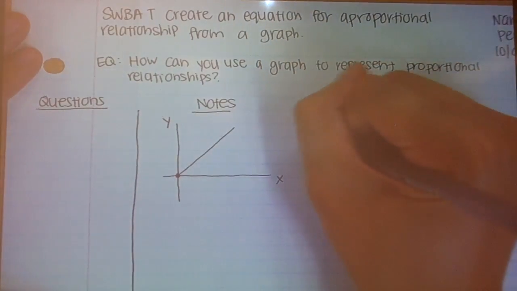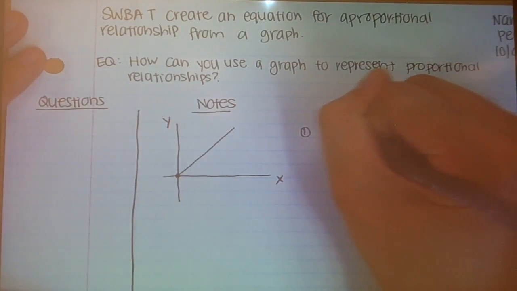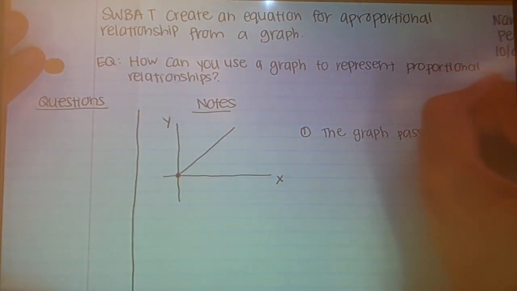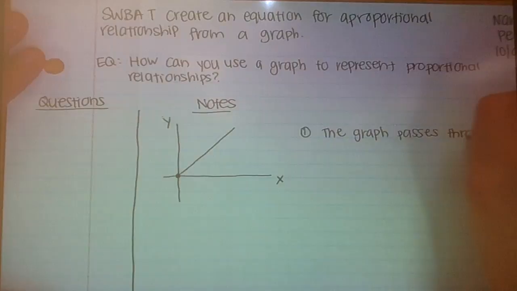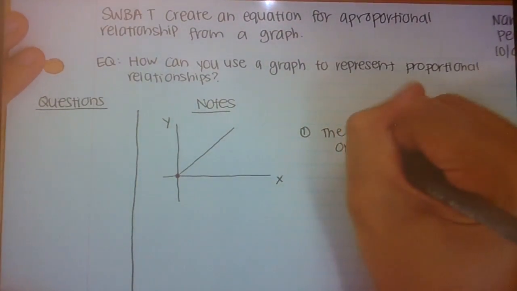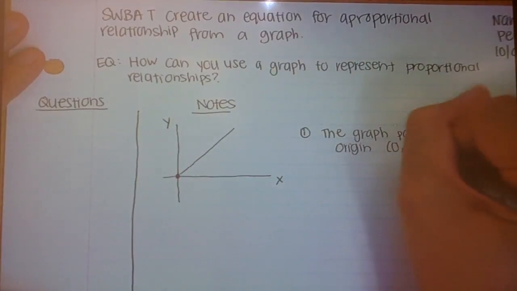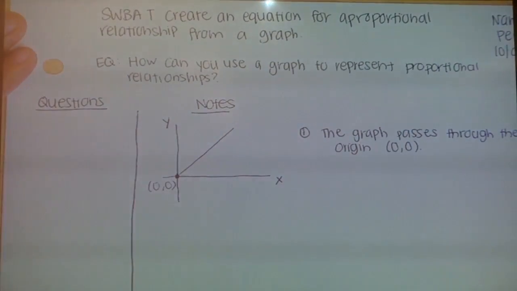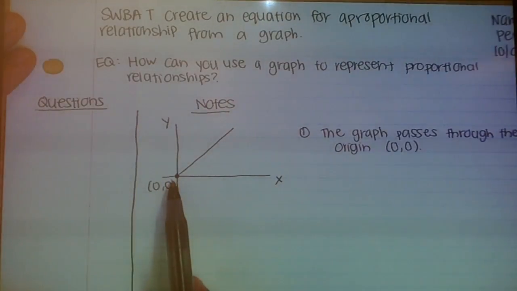The first one is that the graph passes through the origin. And the origin is 0, 0. So right here, we see our graph passes through the origin.